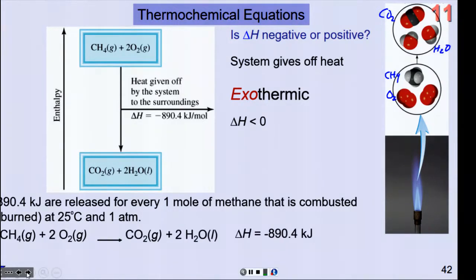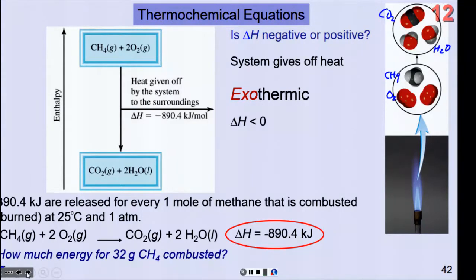Now, think about that. Here's the reaction. If that's CH4, methane and oxygen making CO2 and water, and the value of delta H is given as a negative value because it's exothermic, how much energy then is going to correspond to 32 grams of methane combusted?